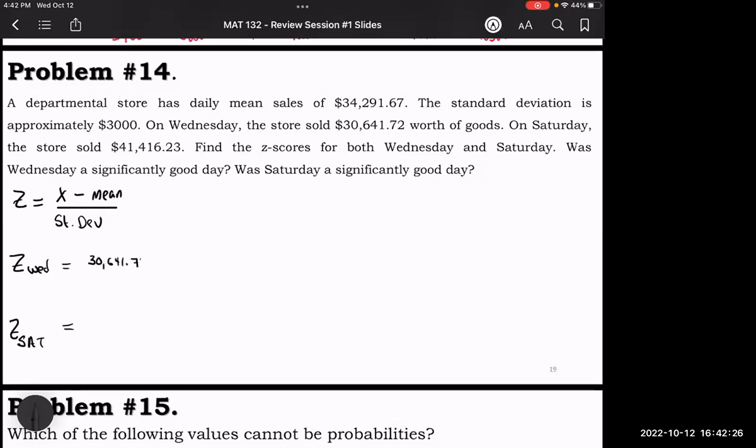So we take that value, subtract it from the mean, which was 34,291.67, divided by your standard deviation of 3,000. When you compute this, do the subtraction first in your calculators and then divide by 3,000. Make sure you round your final answer to 2 decimal places.